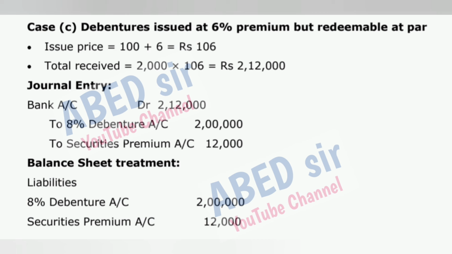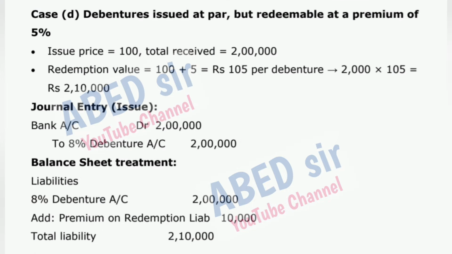Bank A/c Dr 2,12,000. To 8% debenture A/c 2 lakhs. To securities premium A/c 12,000. Balance sheet treatment. Liabilities. 8% debenture A/c 2 lakhs. Securities premium A/c 12,000.